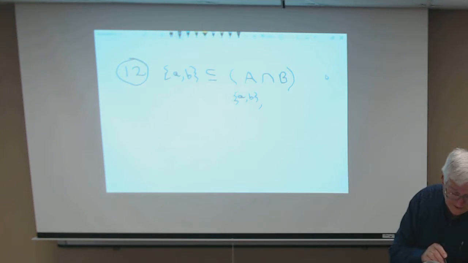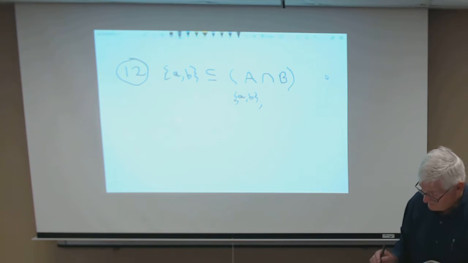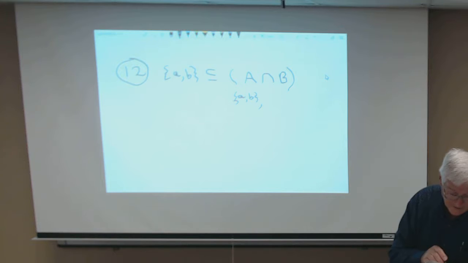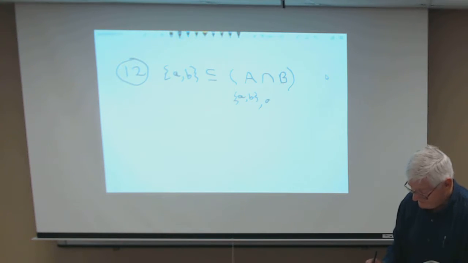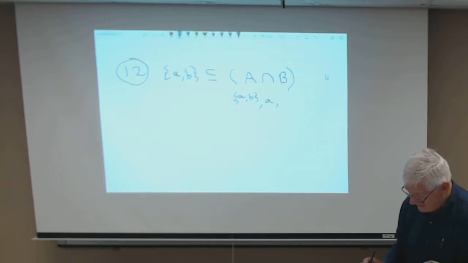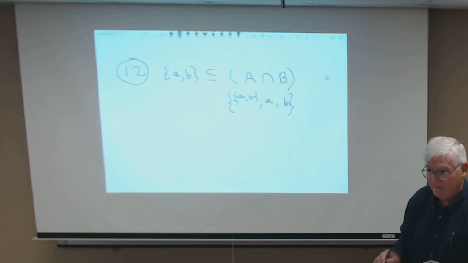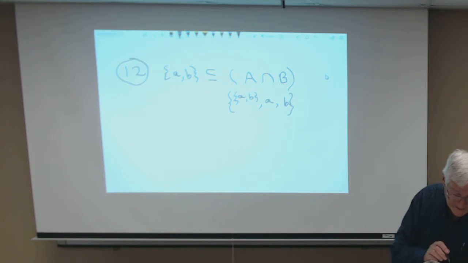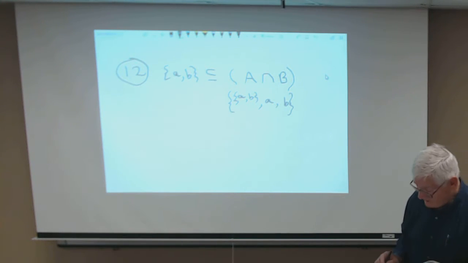Do they both have the little set ABC? No. Do they both have an A? Oh no, I'm doing intersection. Do they both have an A? Yes. So I put A down here. Do they both have a B? Yes, so I put B down here. So do you see how I found the intersection of A intersect B? I looked at A and said, what does it have in common with the set B? Now I've written it down here.